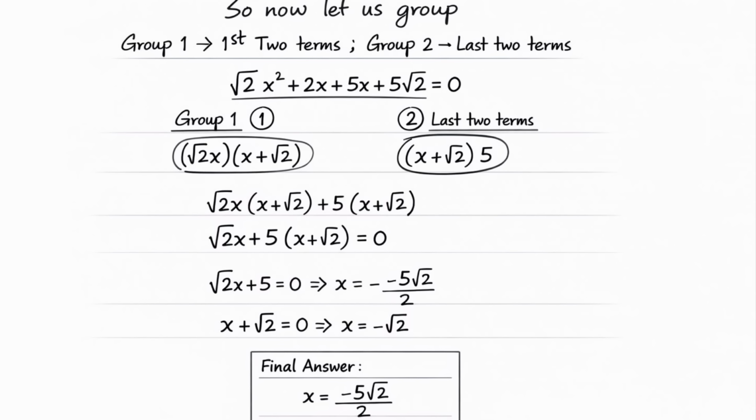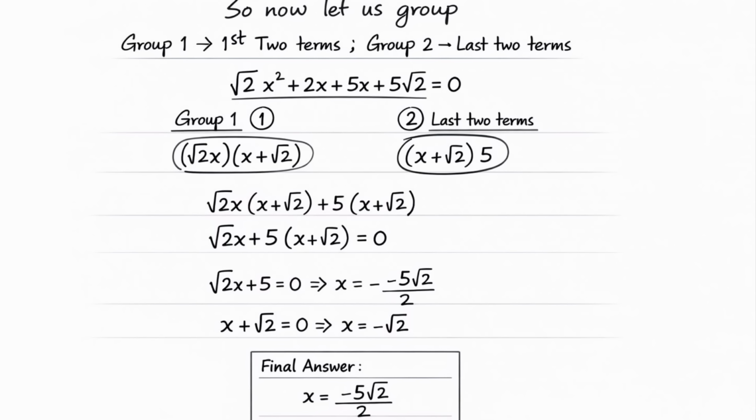So just below root 2 x squared plus 2x, write root 2 x times x plus root 2, and leave some gap, and just write below that the second group 5x plus 5 root 2, that is x plus root 2. So there will be a big gap in between. Why did I ask you to leave the gap? Because x plus root 2 is not equal to 5x plus 5 root 2, whereas root 2 x into x plus root 2 is equal to root 2 x squared plus 2x.